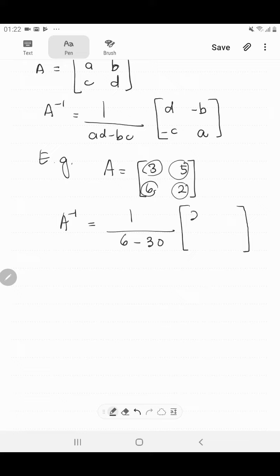So 2 and 3 switch, 5 negative, 6 negative, and it will be negative 24.